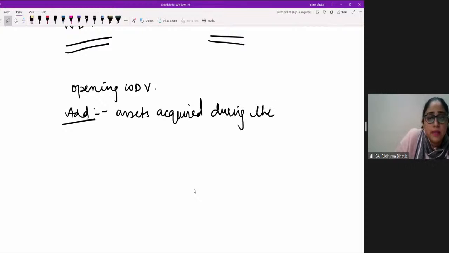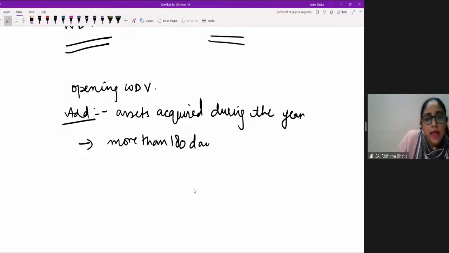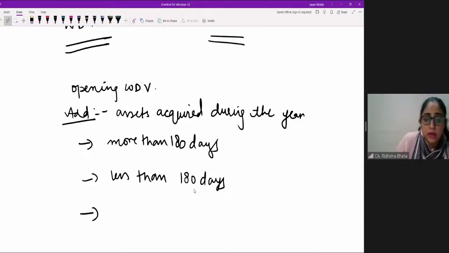There you will write: asset acquired and put to use for more than 180 days, asset acquired and put to use for less than 180 days, and also, as per income tax, it is mandatory to show asset acquired and not put to use.